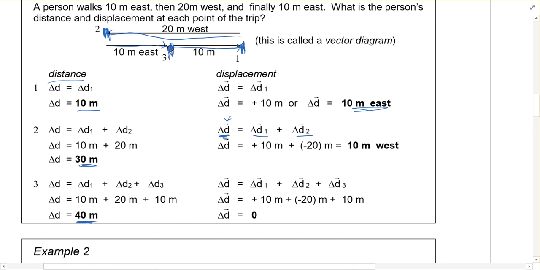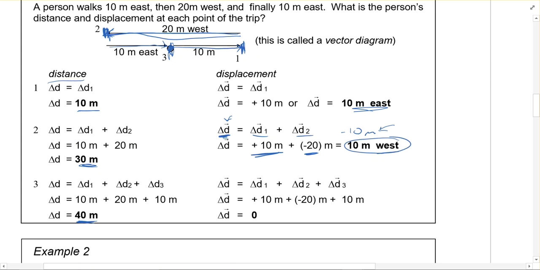We had positive 10 because it was going to the east, but then we add negative, so minus 20, because now this is going to the left. If you put this in your calculator, you get negative 10 meters, and you would know that negative means 10 meters west. Either of those would be appropriate.